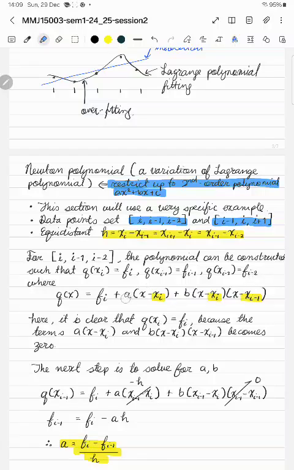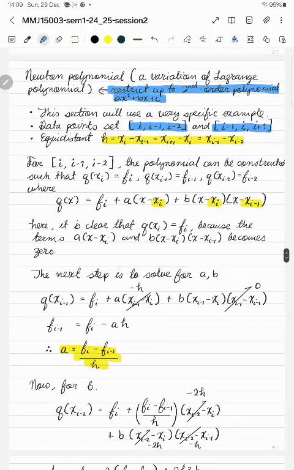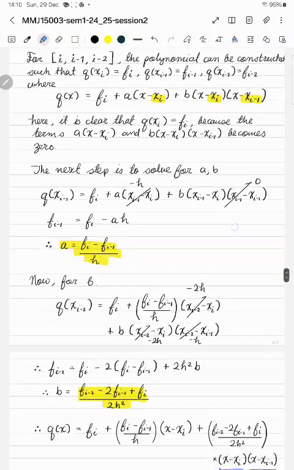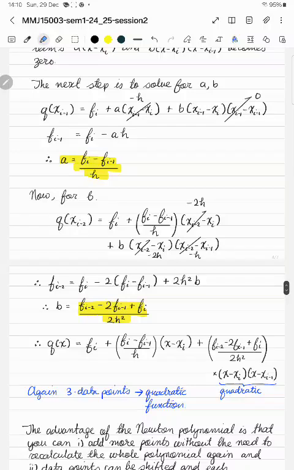Again, two unknowns, a and b, two equations from f_i minus 1 and f_i minus 2. If we do the algebra one by one, we'll end up with a equals f_i minus f_i minus 1 divided by h, and b equals f_i minus 2 f_i minus 1 plus f_i minus 2 divided by 2h squared.